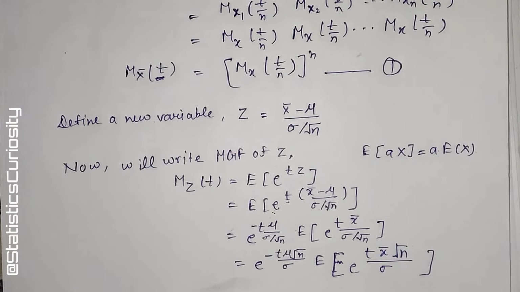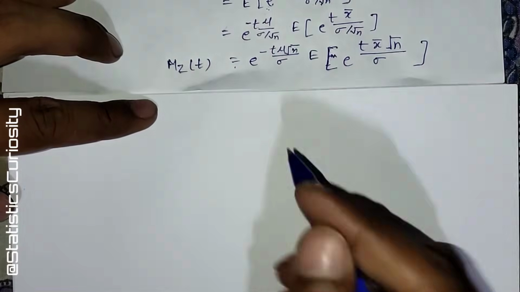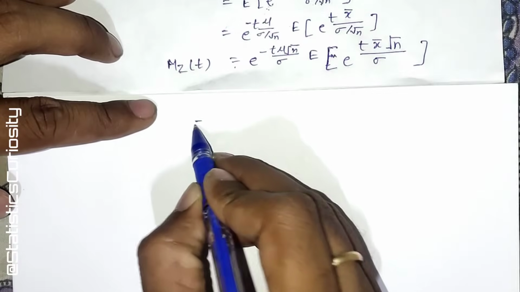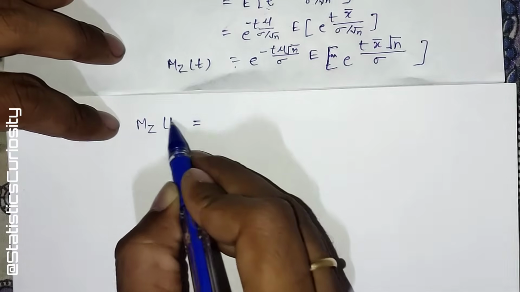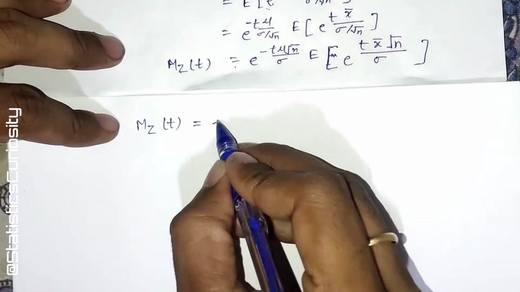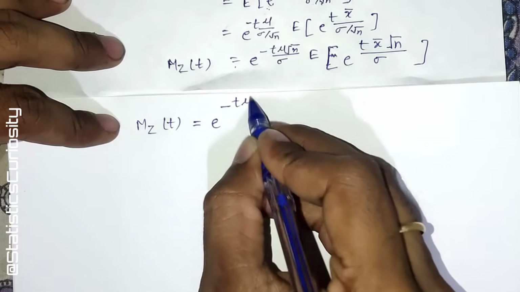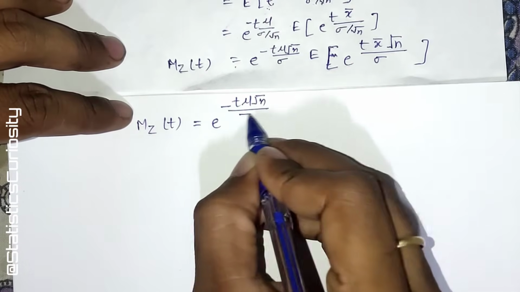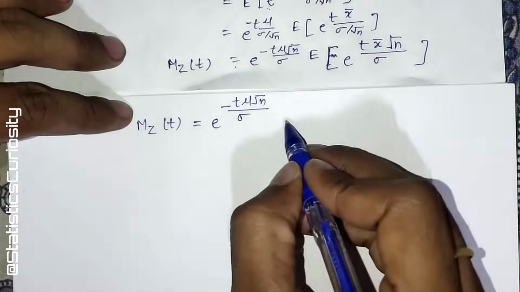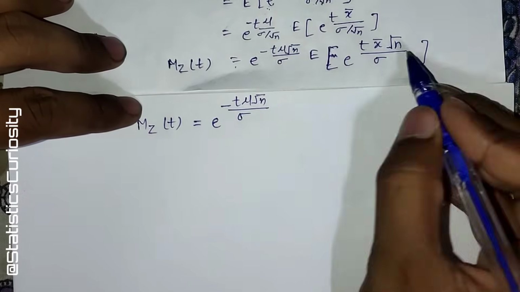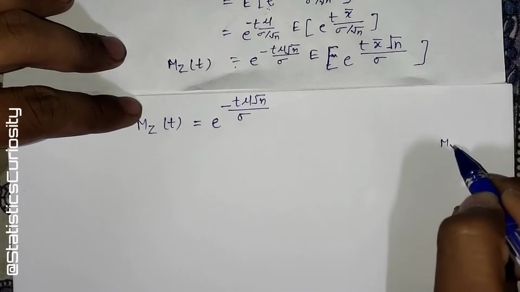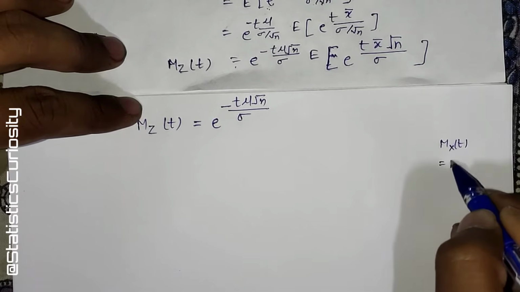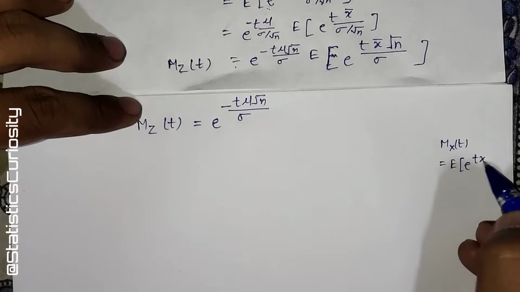Now we can write this as MZ(t) equals e raised to the power minus t mu square root of n divided by sigma, times this term. We all know MX(t) is equal to expectation of e raised to the power tX.